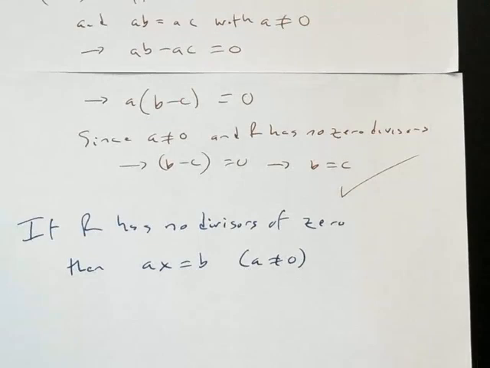Okay. If I'm in a ring that has no divisors of 0, let me think about this equation, ax equals b, with a not being 0. Can that have more than one solution?